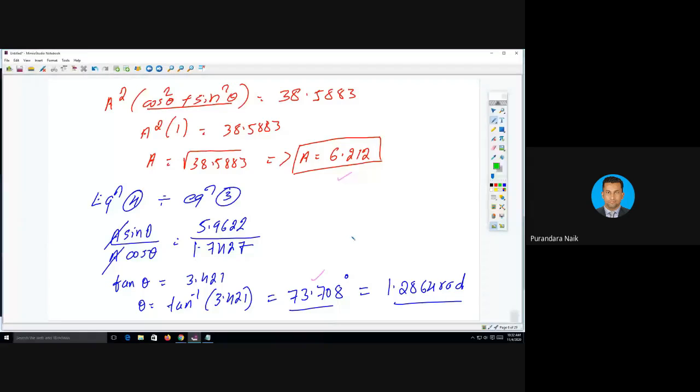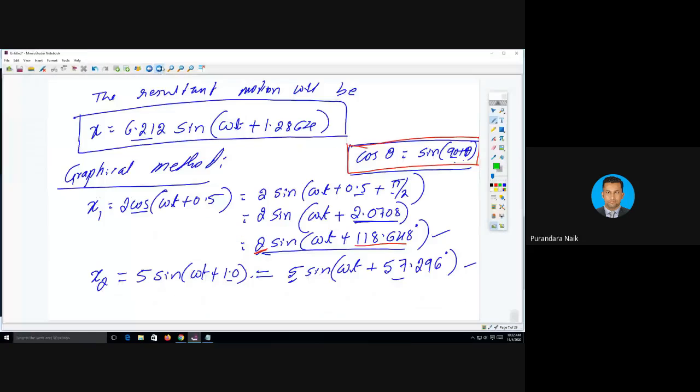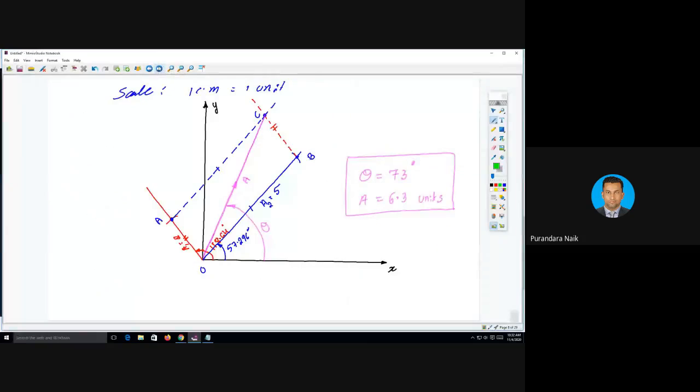So next, 6.212 is here, but in the graphical solution it is 6.3. The answers are very near, very close.